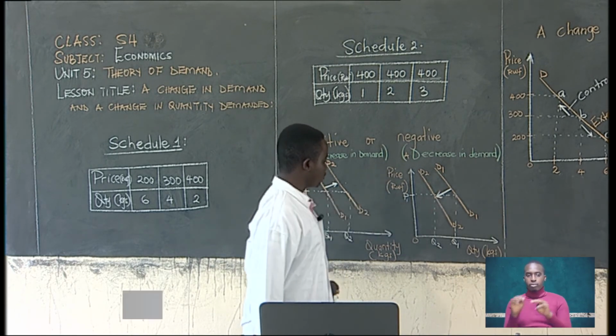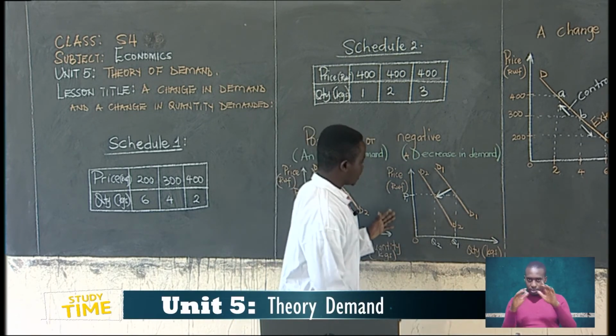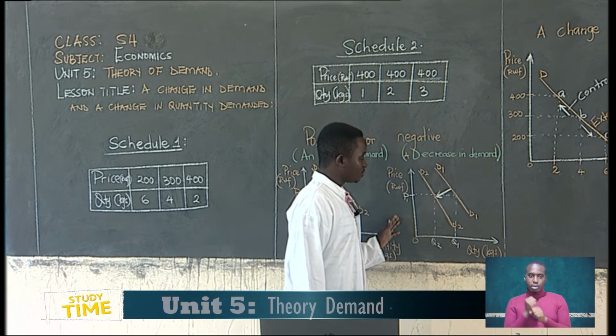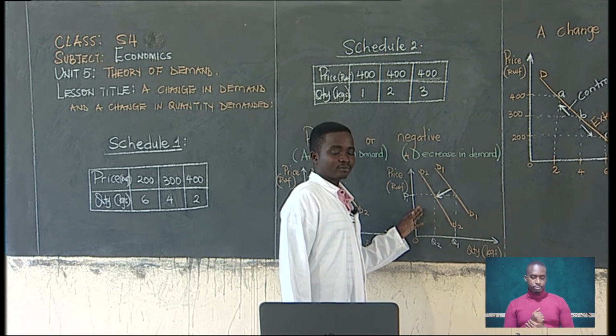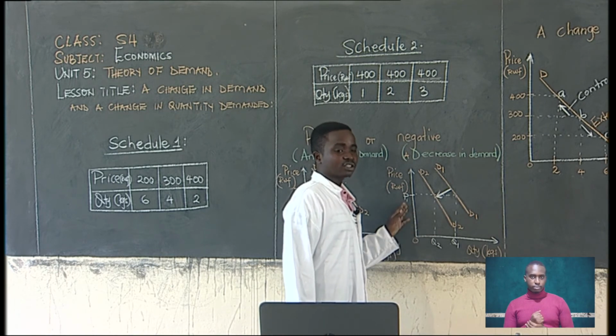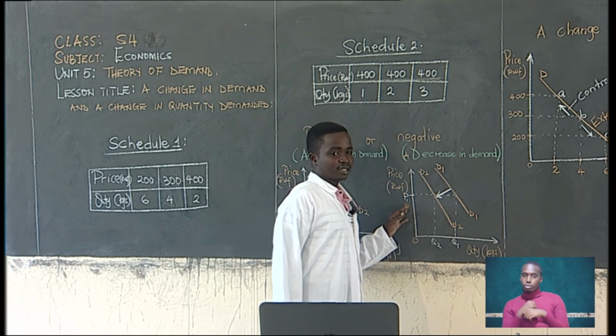Now ask yourself, what could be factors that would cause such a situation? Our price is constant. Remember, it is not changing. So look at other factors that influence demand.